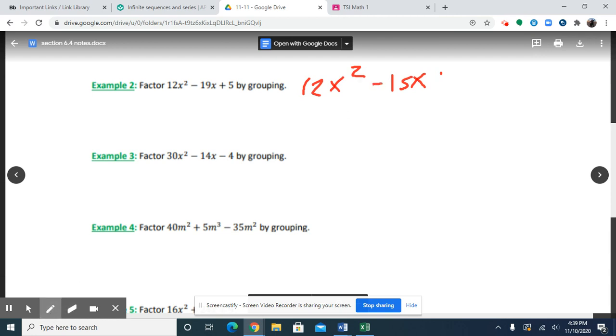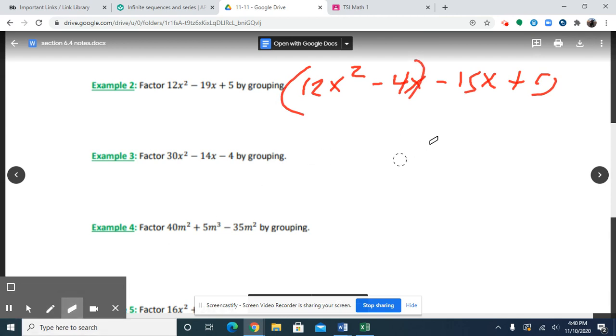Let me switch those around because it should actually be negative 4x minus 15x plus 5. Okay, now we're going to group those together. Let me fix this right here.